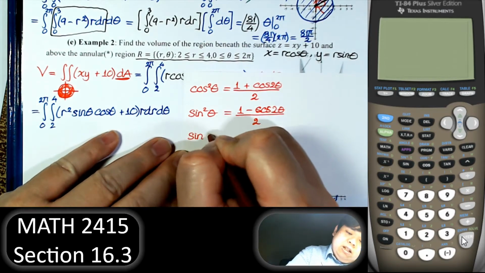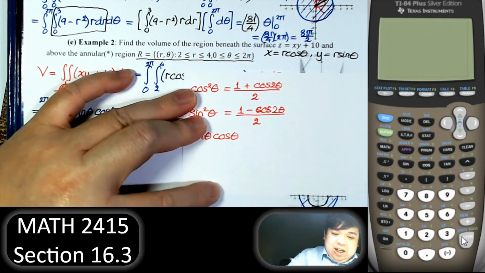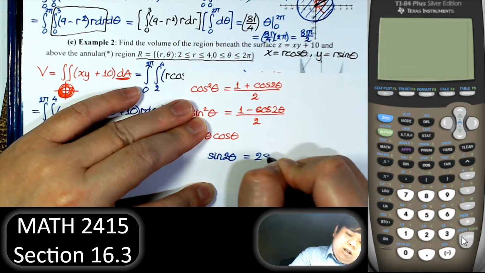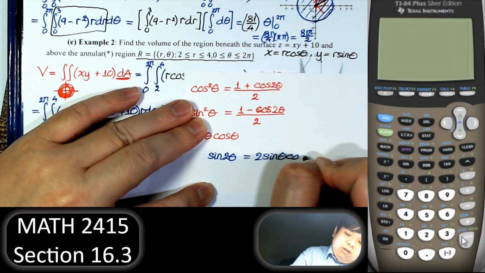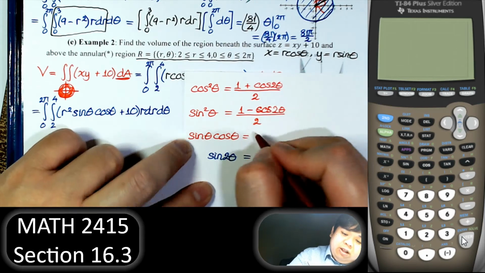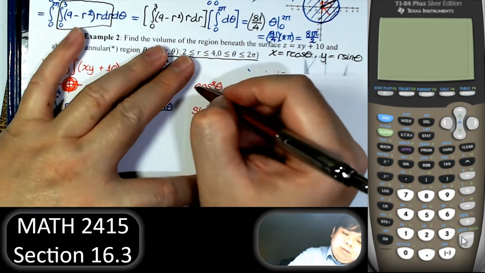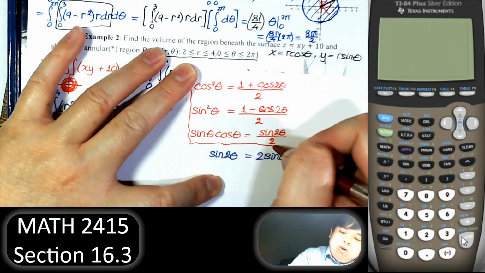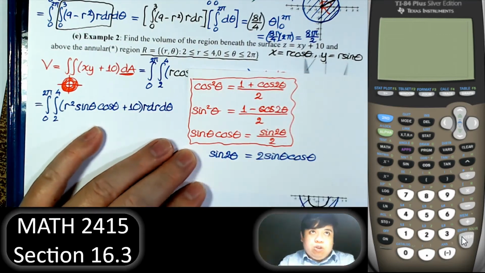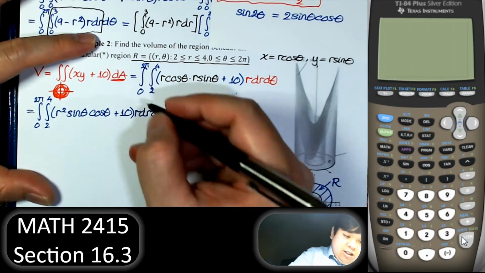And if we have sine and cosine, well, remember the double angle: sine of 2 theta is equal to 2 sine cosine. I just need to divide by 2, and I will have sine of 2 theta over 2. So whether we have a square or the product of sine cosine, we can use this to simplify, and we can integrate after that.